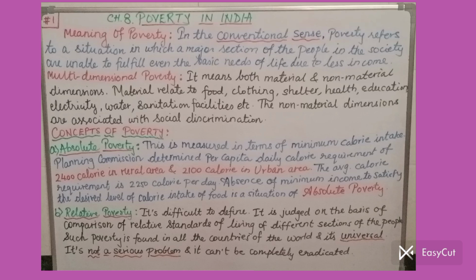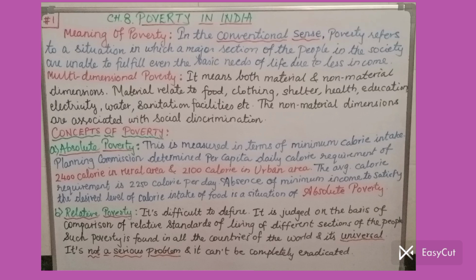The Planning Commission determined that if a person in a rural area is unable to take 2400 calories per day from his daily food intake, and in an urban area if a person is unable to take 2100 calories, that means the person is living in poverty.